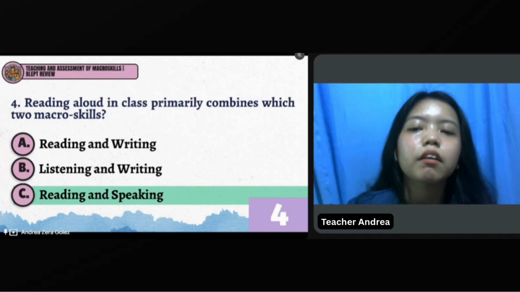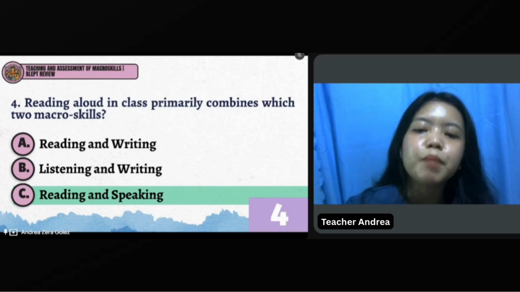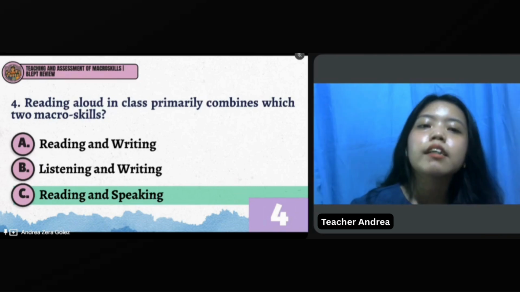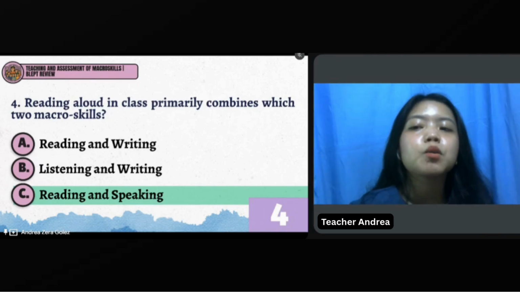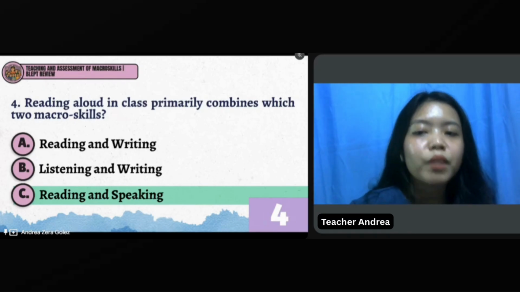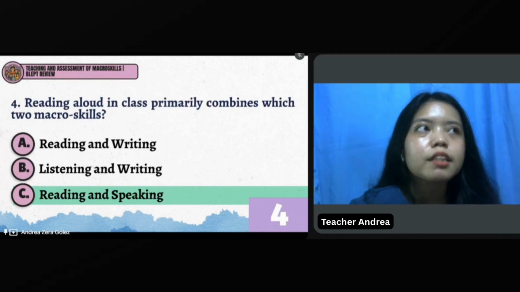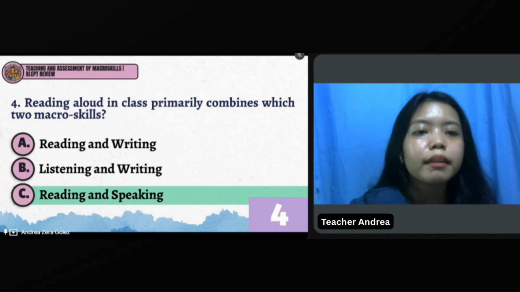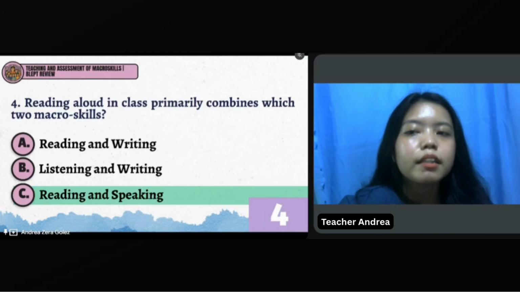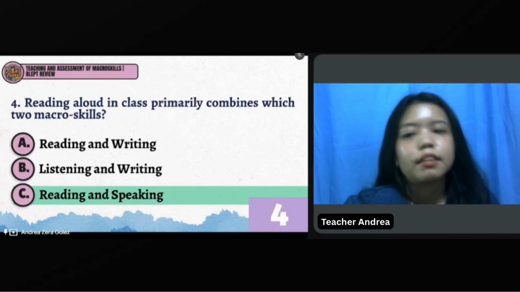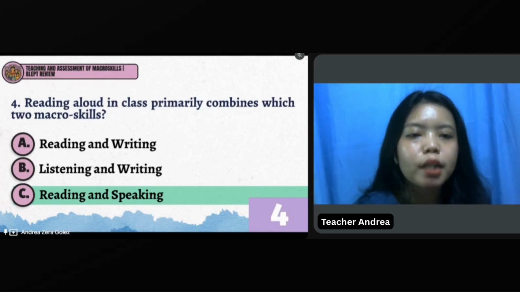Here, you can see the main point of this question, which is reading aloud. In reading aloud, you are using two macro skills, which are reading and speaking. You are not just reading it, but you are also speaking it in class. What are the two choices not included in this scenario?